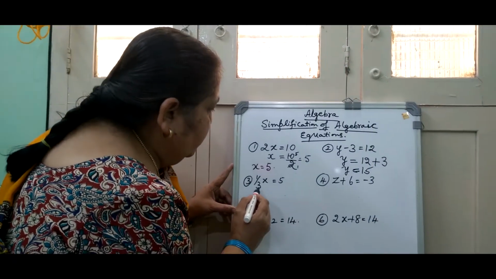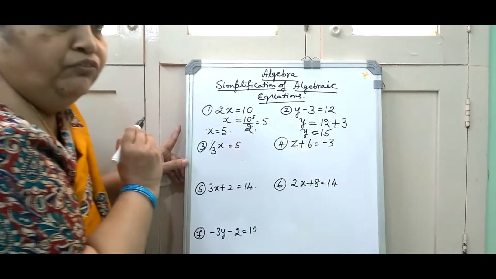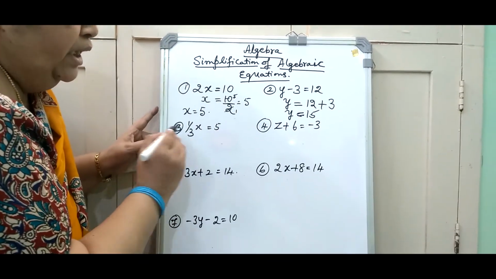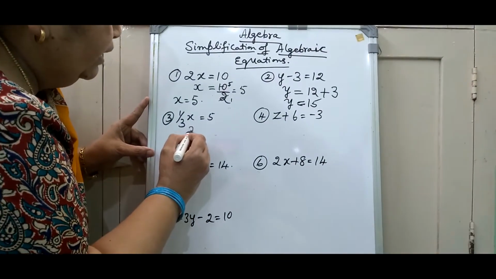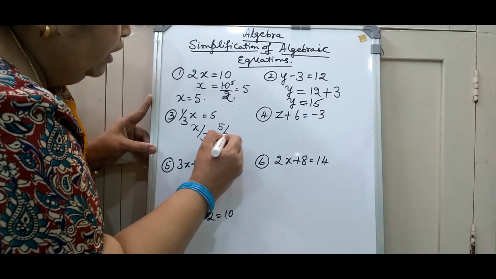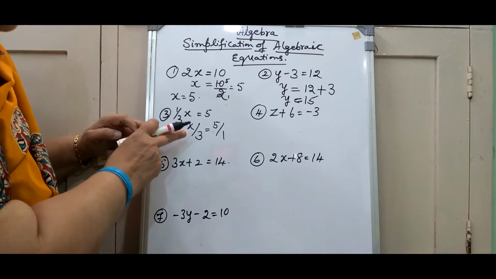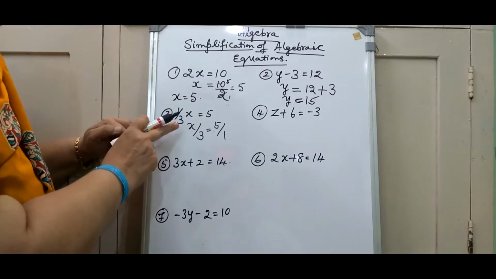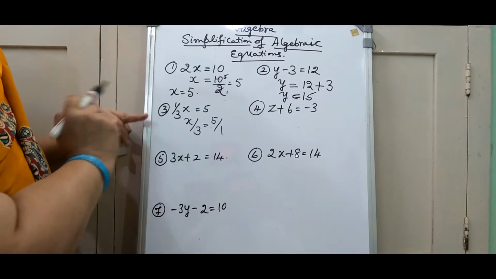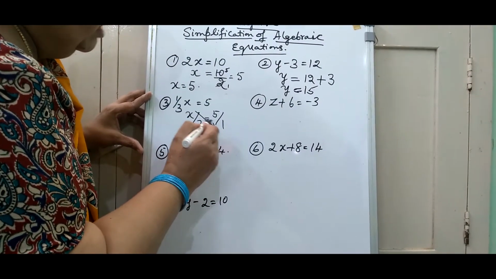The next problem here is 1 by 3x is equal to 5. In this, we can directly write it as x by 3 is equal to 5 by 1. As I told you in the first example, like this we can write it in terms of a fraction. x by 3 is equal to 5 by 1, and it is similar to the first example.